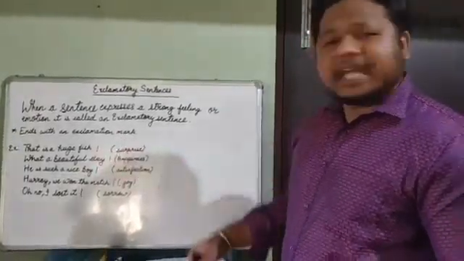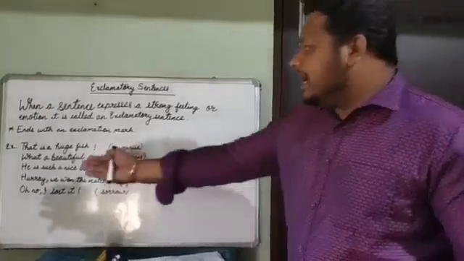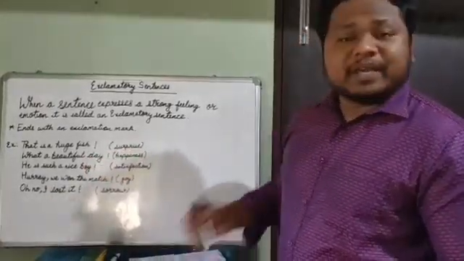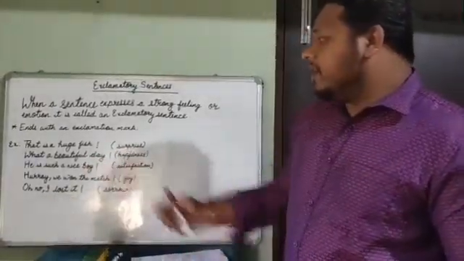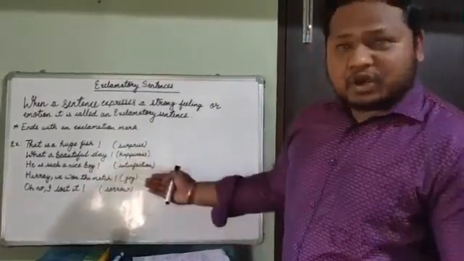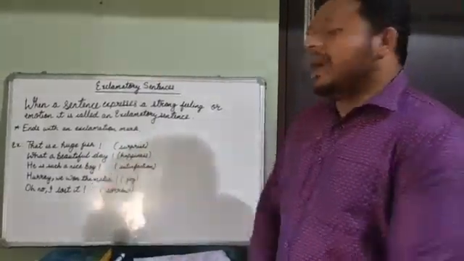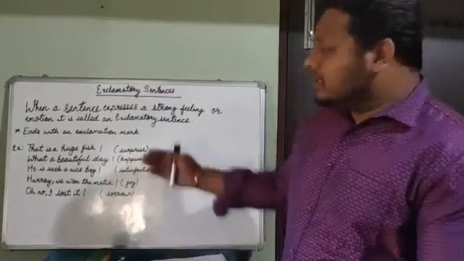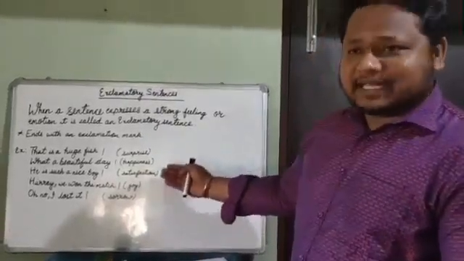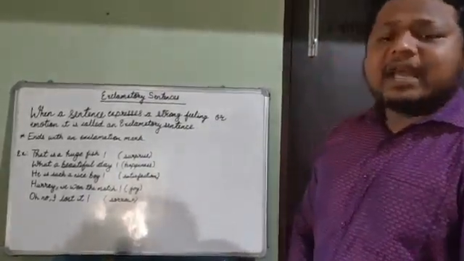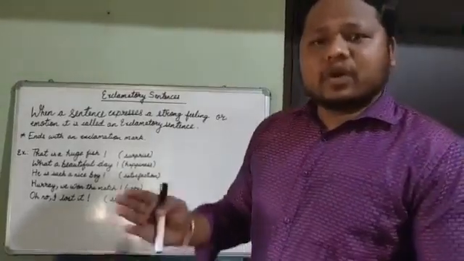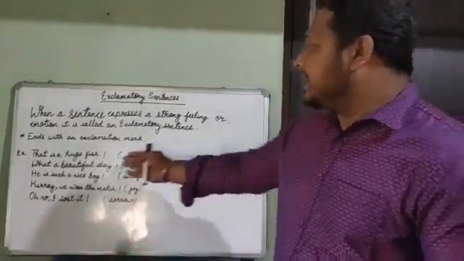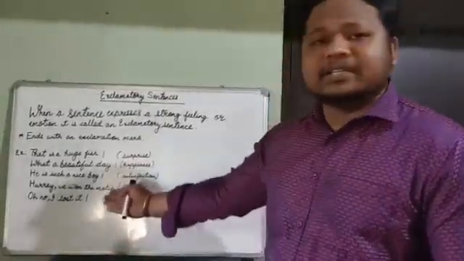What a beautiful day, happiness. He is such a nice boy, satisfaction. Hurrah, we won the match, joy. Oh no, I lost it, sorrow. So these are some examples of exclamatory sentences. And an exclamatory sentence always ends with an exclamation mark. You can see here in the sentence.